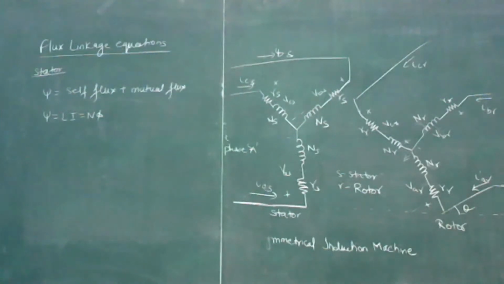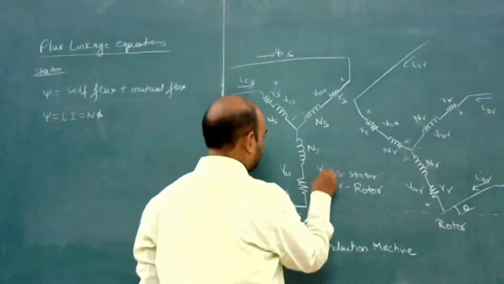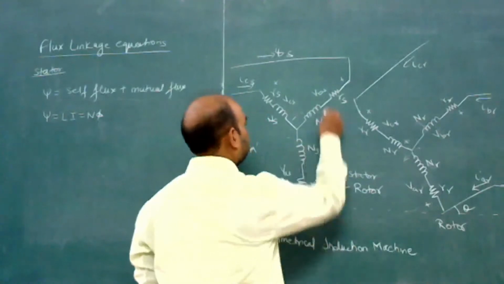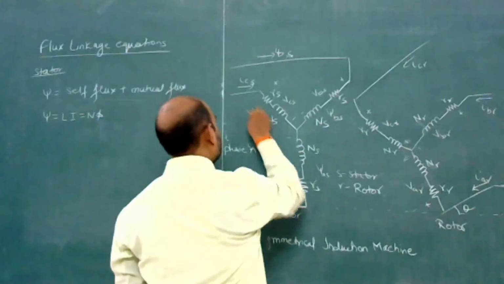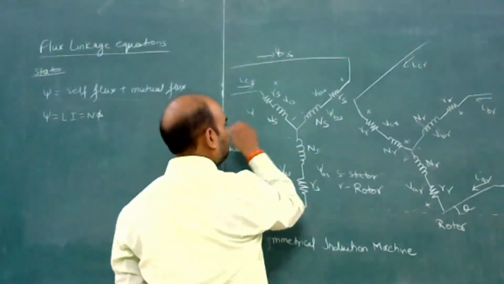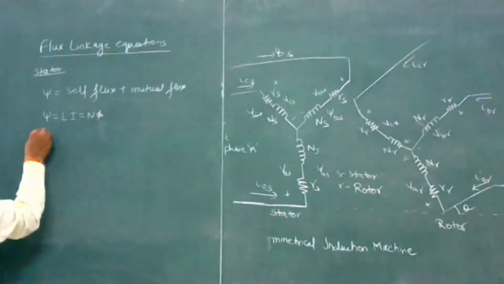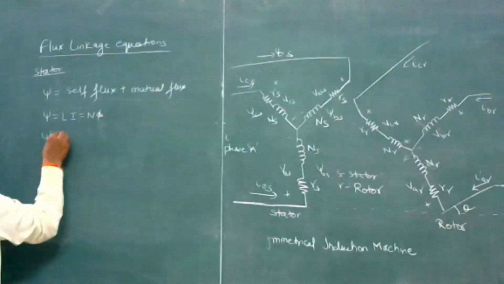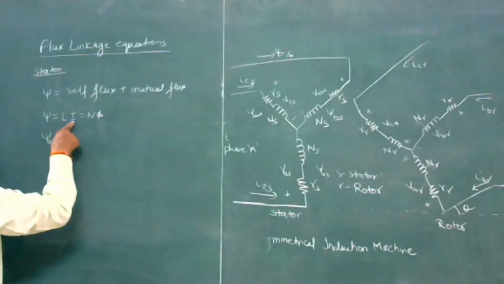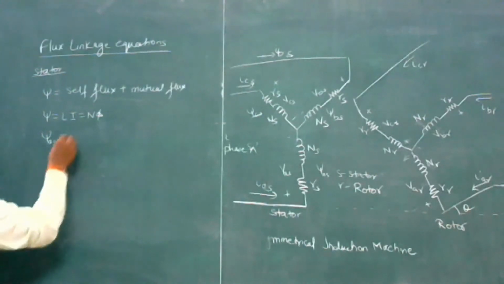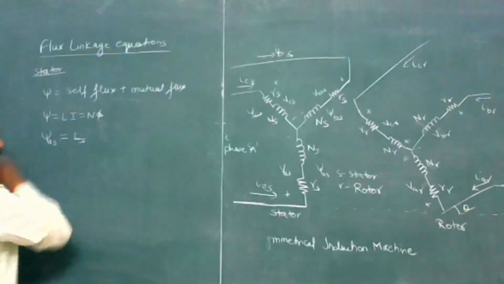So first we will find the flux linkage of phase A. So this is psi AS, this will be psi BS, and this will be psi CS. First, psi AS will be equal to the self flux, that is L into I, so this will be LS.